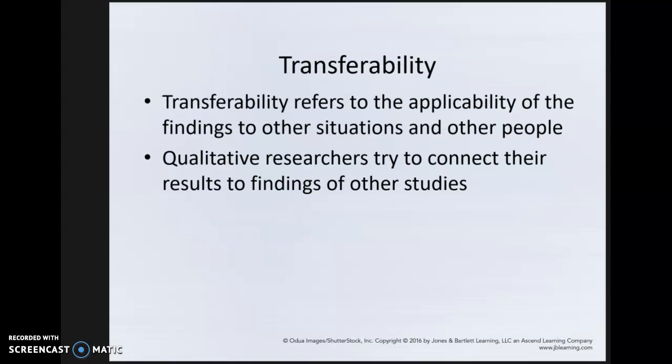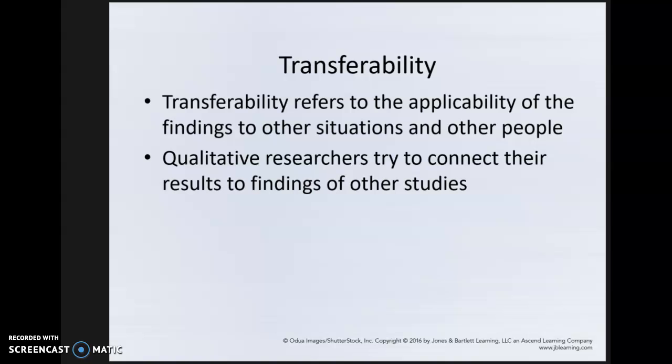And then when we examine transferability, is it applicable to other situations or other people? That's one of the key factors to look at. Knowing who the population was will help you as a reader to understand where this information can then be transferred to or applied in evidence-based practice, because you want to make sure that the populations are similar before we apply the results in another situation.